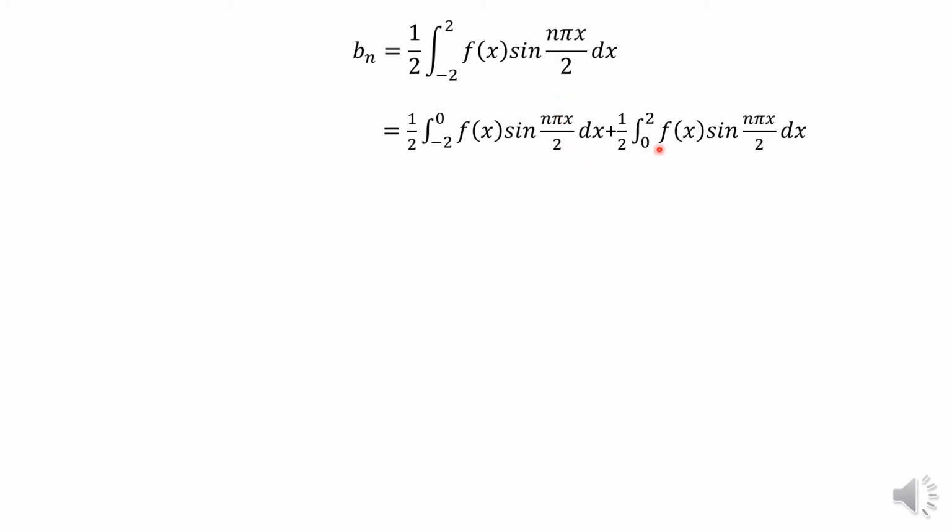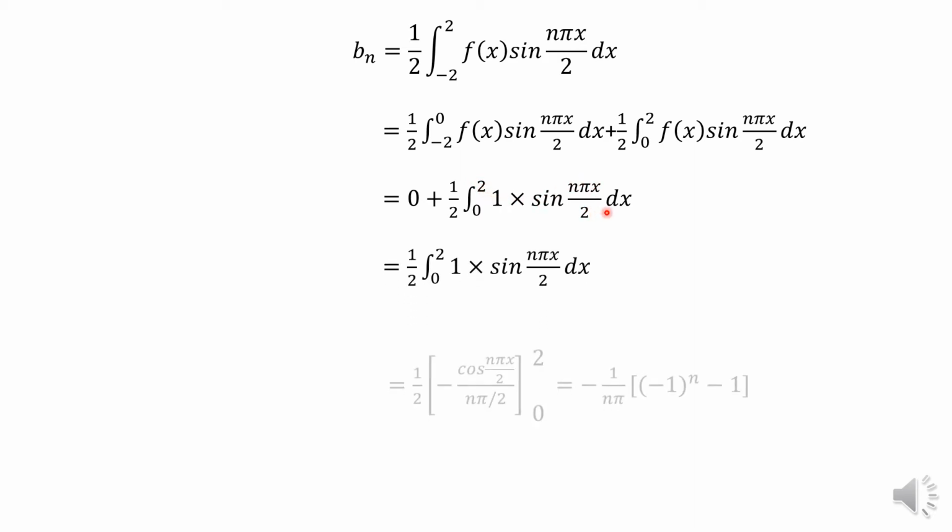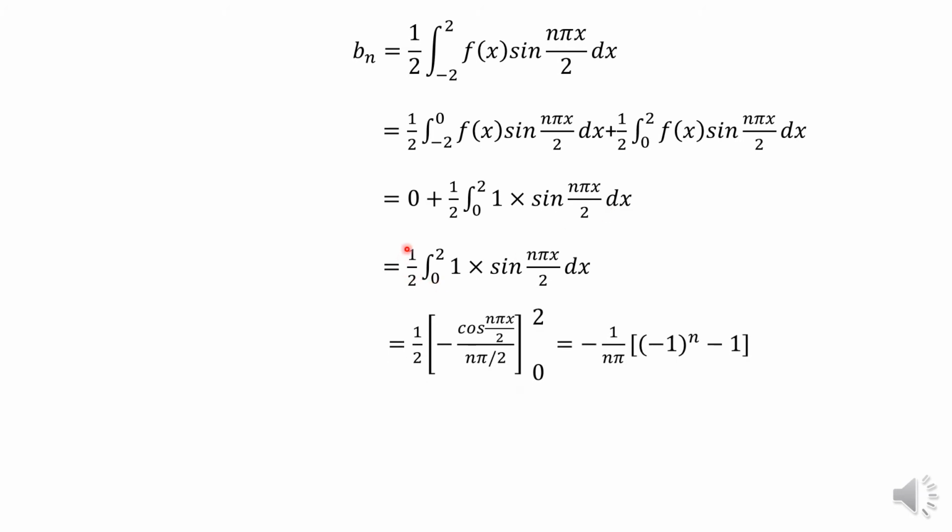We get only the second term, where the functional value f of x is 1. So we get 1 by 2 times integral 0 to 2 of 1 into sin n pi x by 2 dx. In the next step, 1 by 2 is a constant, and you integrate sin n pi x by 2.